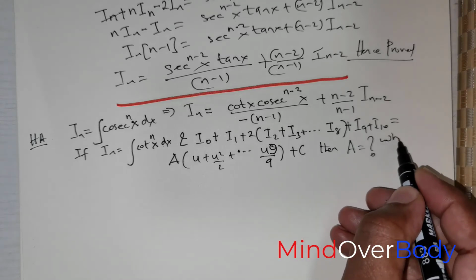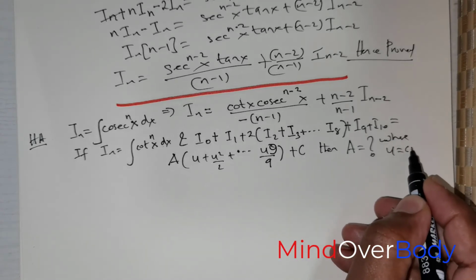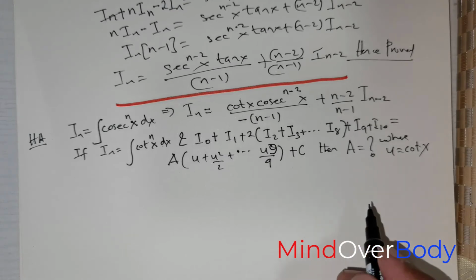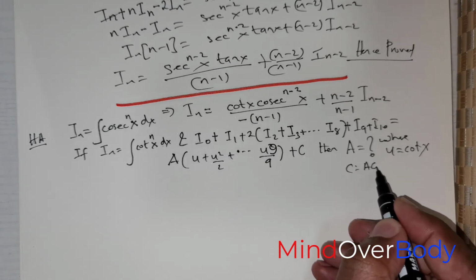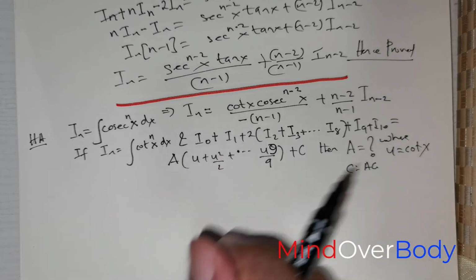Now u is given to be cot x and c is the arbitrary constant. So this is a beautiful question.